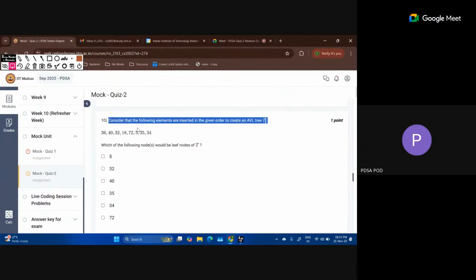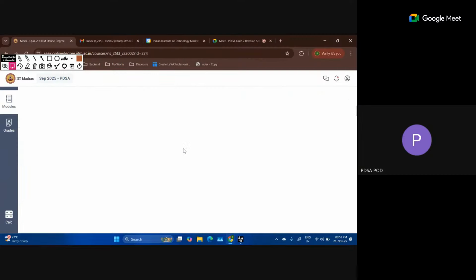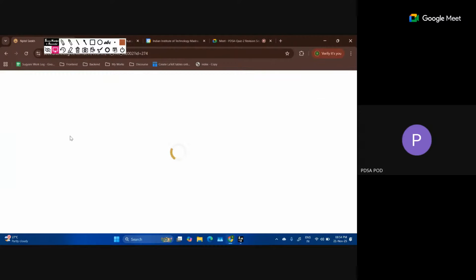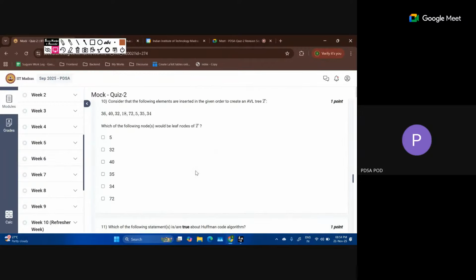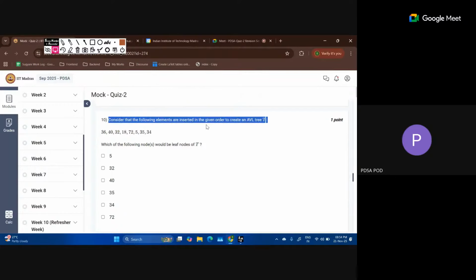Consider that the following elements are inserted in the given order to create an AVL tree: 36, 40, 32, 18, 72, 5, 35, and 34.